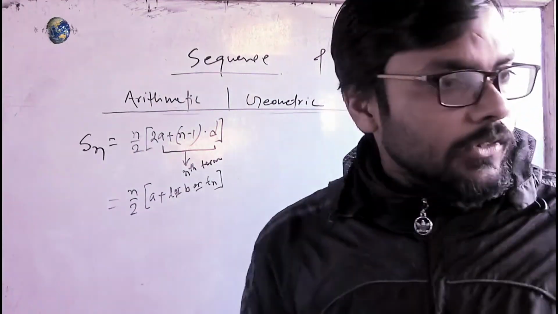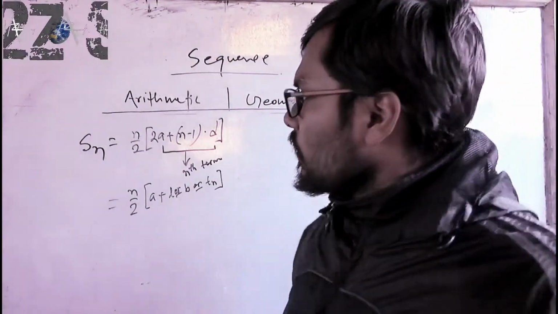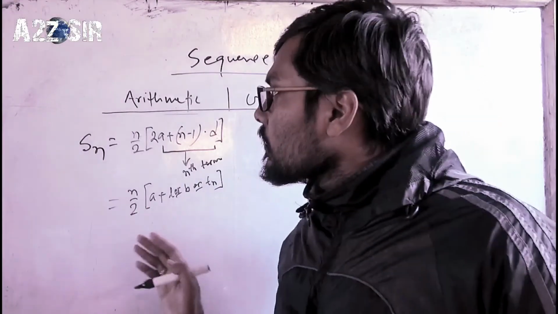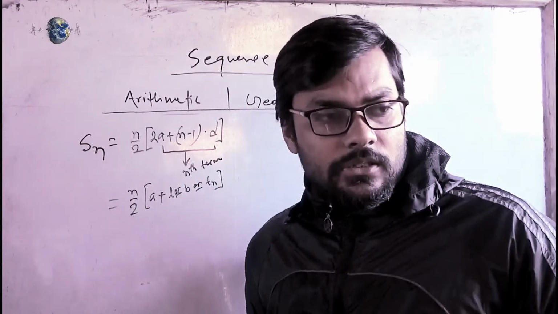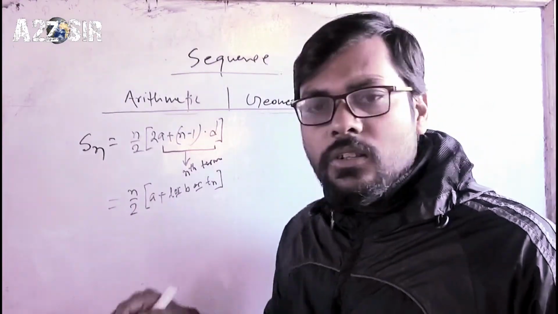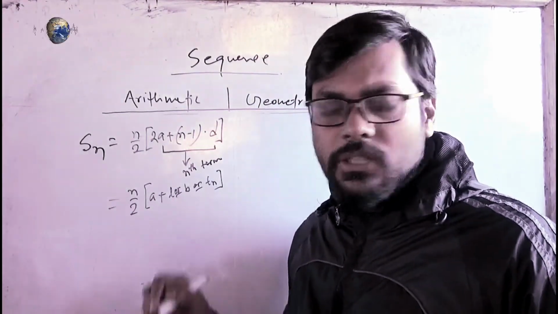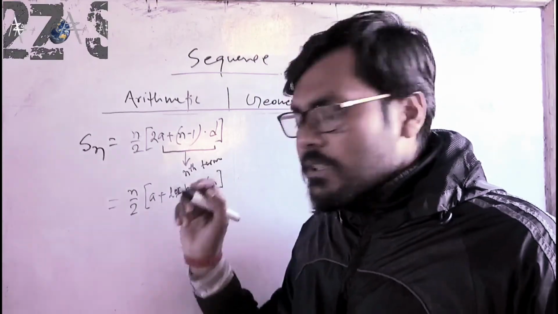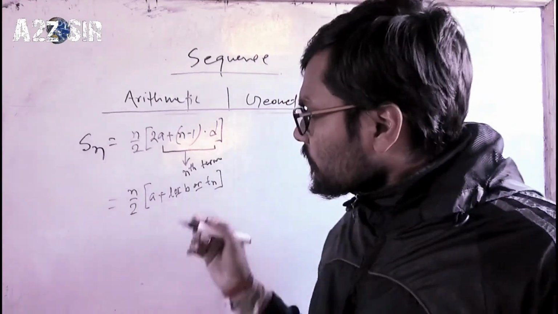So Sn, the sum of the first n terms of the arithmetic sequence, becomes n by 2 into a plus L, or n by 2 into a plus B, or n by 2 into a plus Tn.